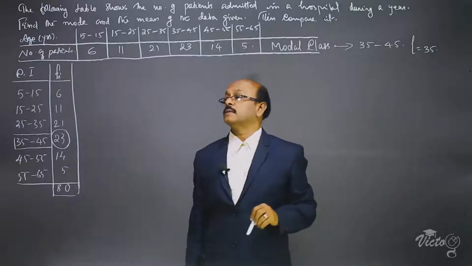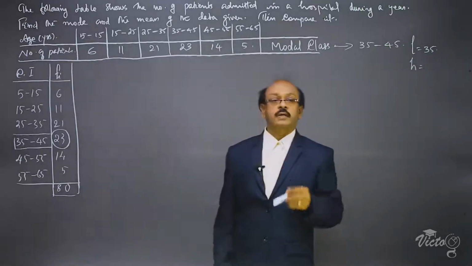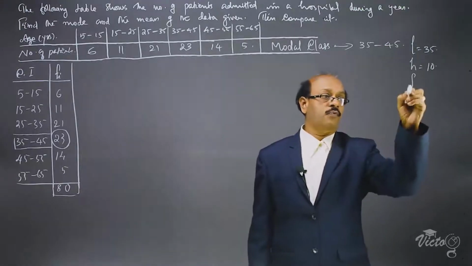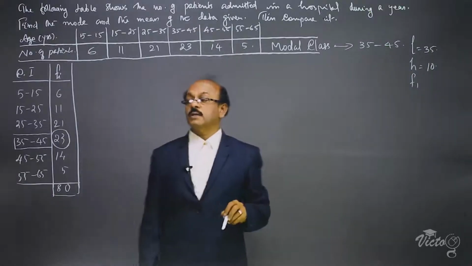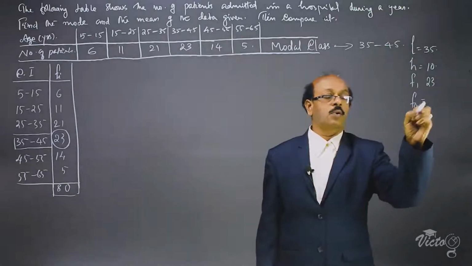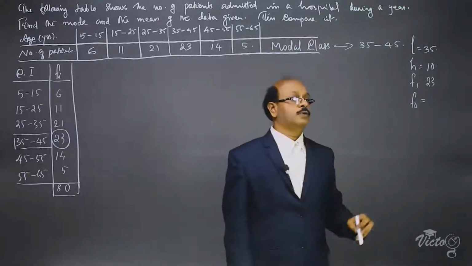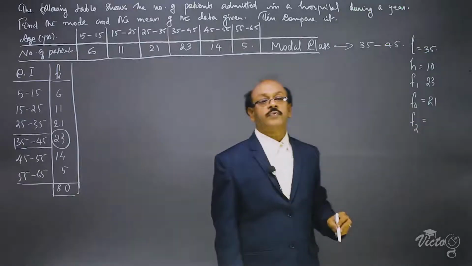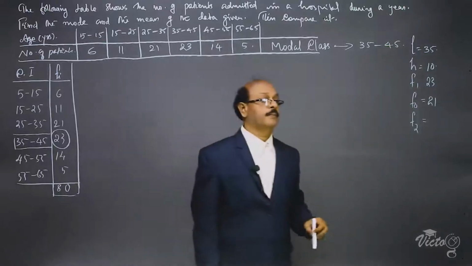Size of the class, h, is equal to 15 minus 5 or 25 minus 15, which is 10. f1 is the frequency of the modal class, 23. f0 is the frequency of the class preceding the modal class, which is 21. f2 is the frequency of the class succeeding the modal class, which is 14.